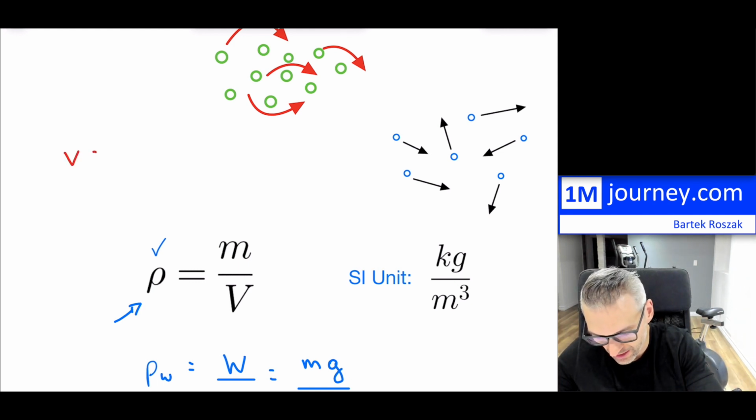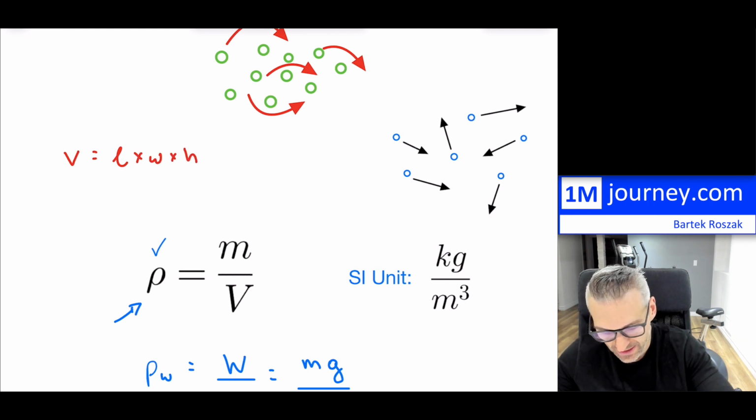You can say, this is length times width times height, and this is for a three-dimensional item. It doesn't have to be a cube, but maybe some kind of a prism or something like that.